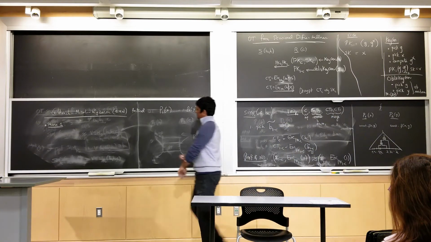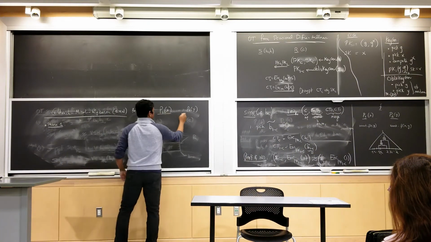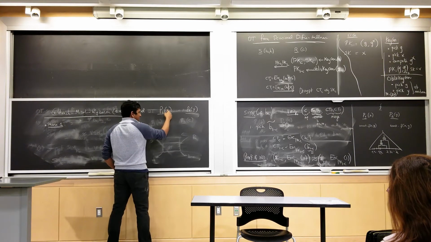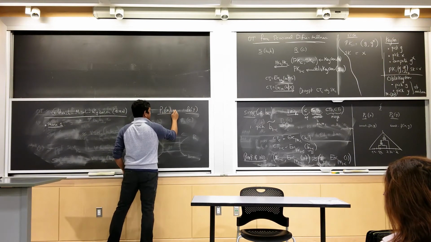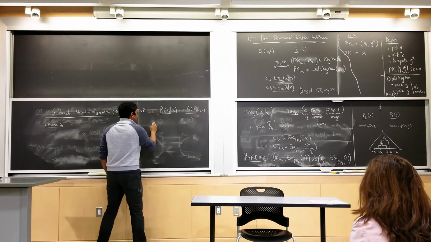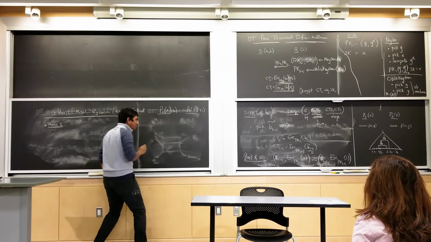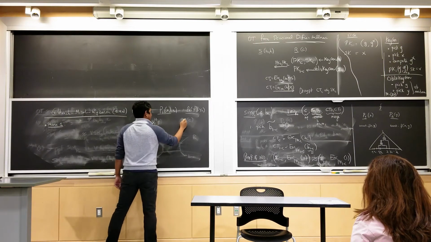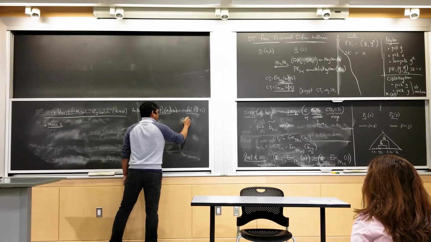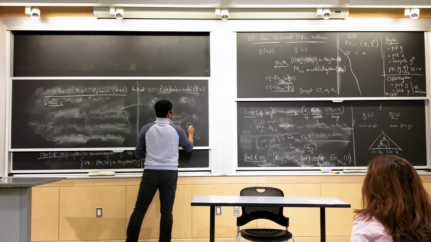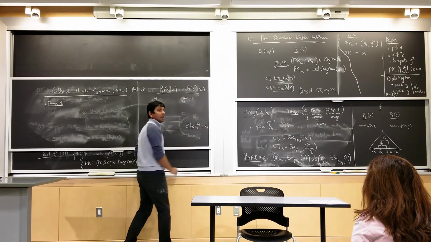So let's write it down. This party takes X1 up to Xn, and the other has Y1 up to Yn. It computes x1,1 and x1,2 such that x1,1 XOR x1,2 equals x1.